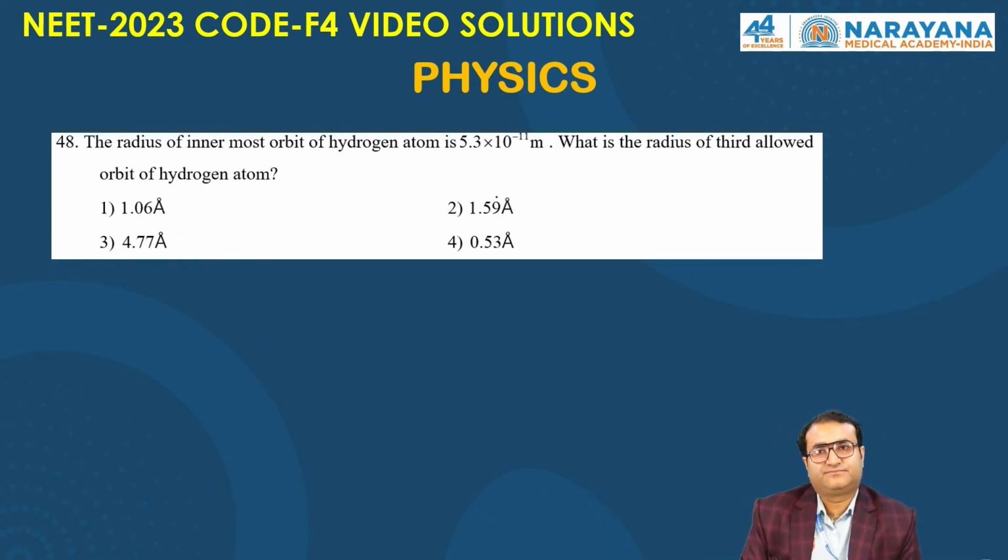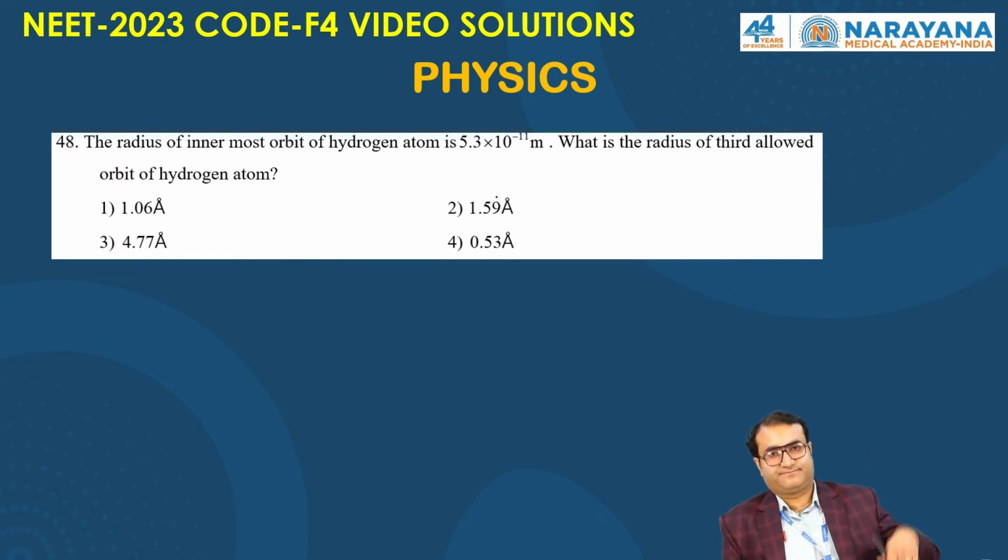Question number 48. The radius of innermost orbit of hydrogen atom is given, and we need the radius of the third allowed orbit of hydrogen atom. So radius is directly proportional to n square.